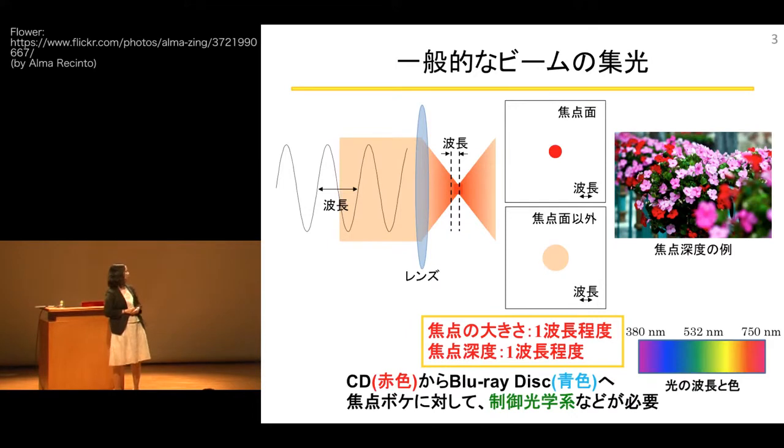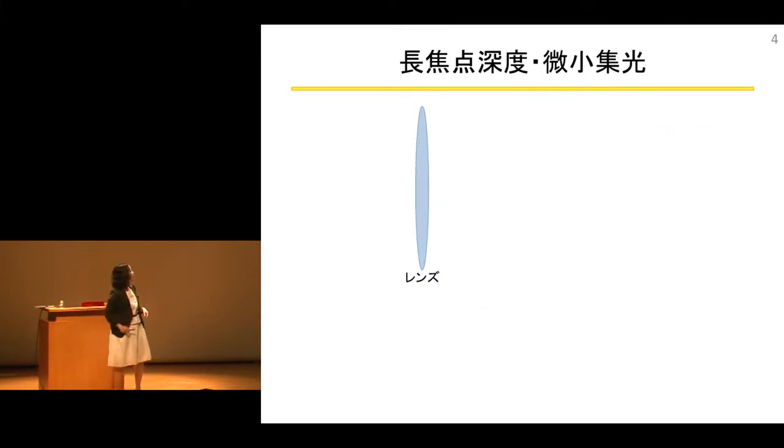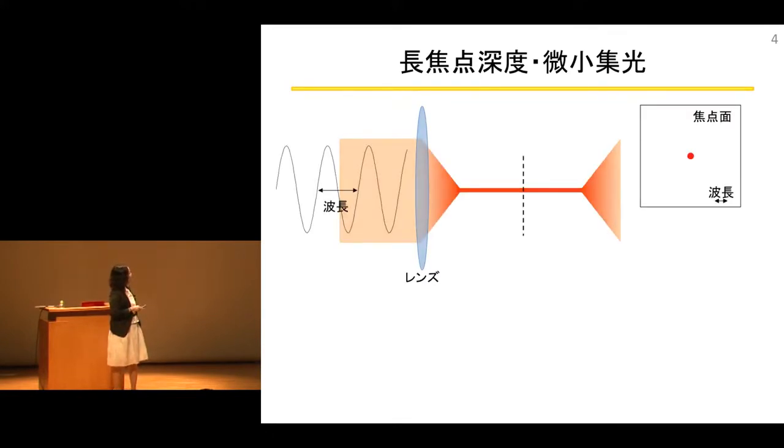In order to overcome this limitation, in the past we've taken an approach to change the color, for example, from CD to Blu-ray disc, which is from red laser to blue laser. Also, in order to solve the problem of out of focus, adaptive optics was introduced. Now, it would be nice if we can create this kind of laser beam.